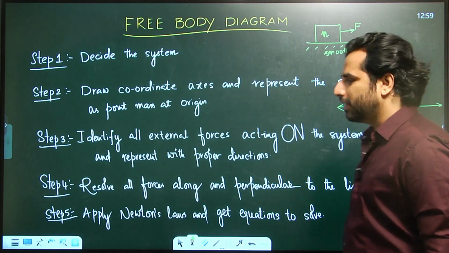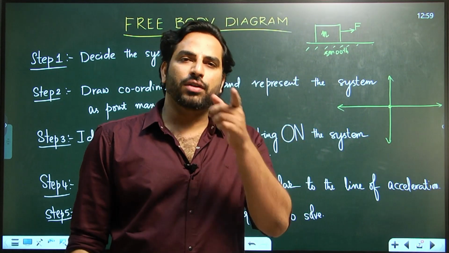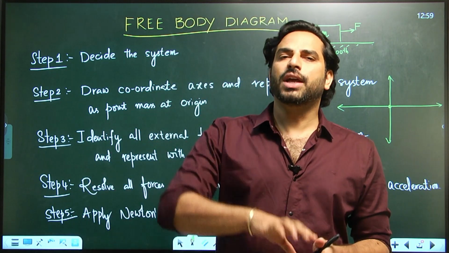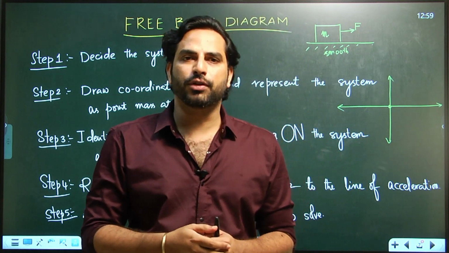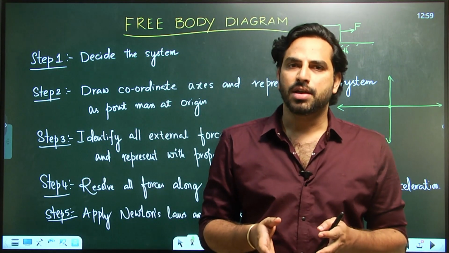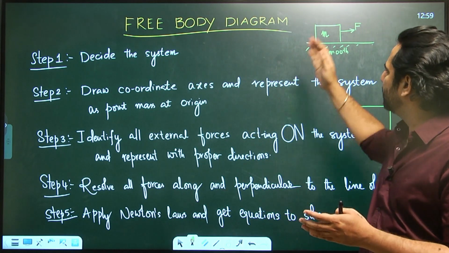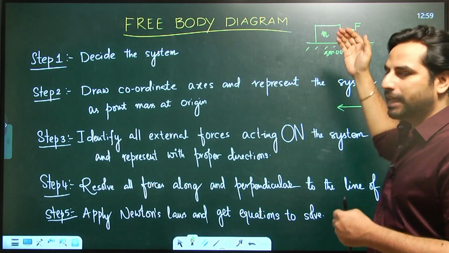As far as the translatory motion of the system is concerned, the exact point of application of force does not matter. When it comes to the rotatory motion of the system, then we need the exact point of application of the force in order to find out the torque. But we are talking about the acceleration of the body which is translating, so the exact point of application of force does not matter.